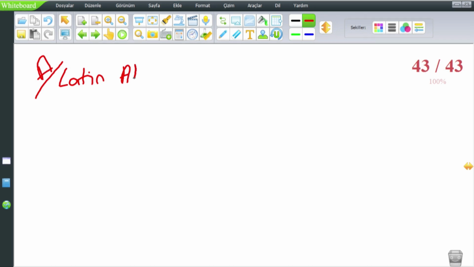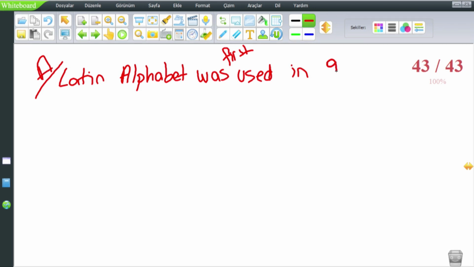Latin alphabet was first used in, I don't know, 95 BC.